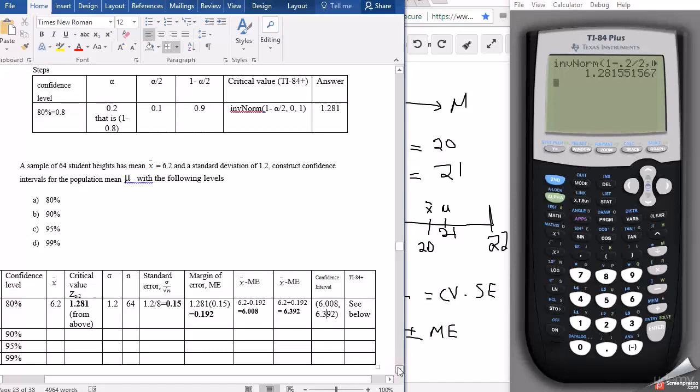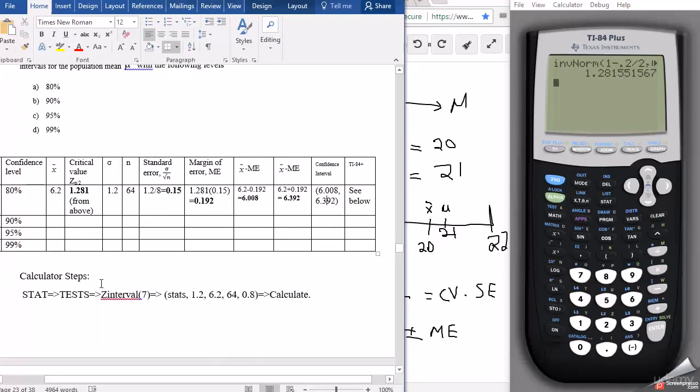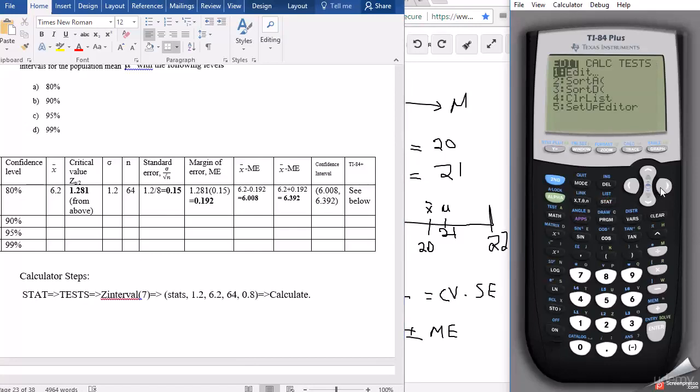Okay. So how do we do this using the TI-84 Plus? We're going to go to stat, then tests, and we're going to choose Z-Interval. That's number 7. Now we're going to use stats. If you are using data, it means that you already entered your data in the table, L1, L2. But here we have the statistics.